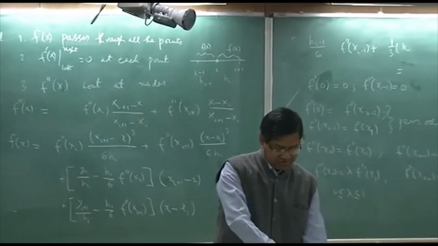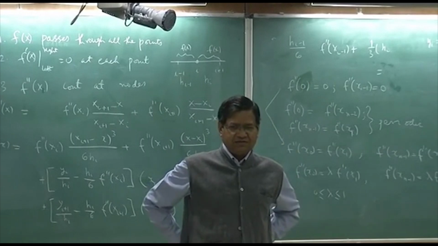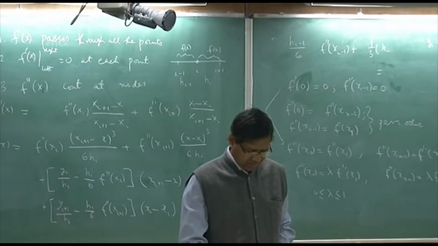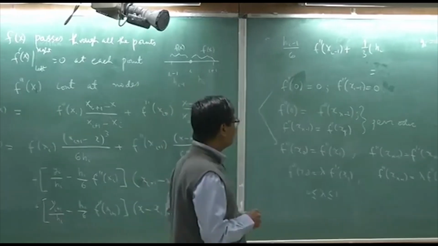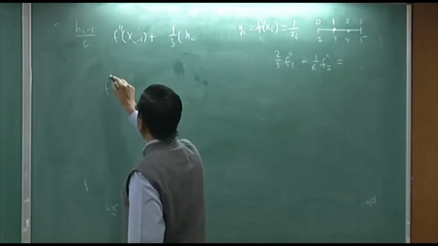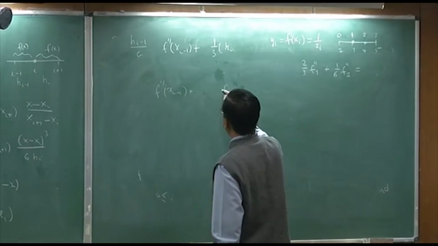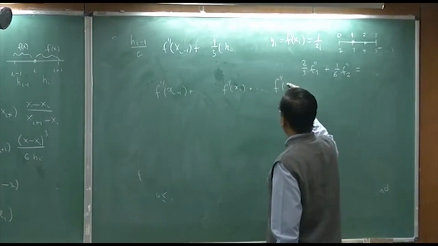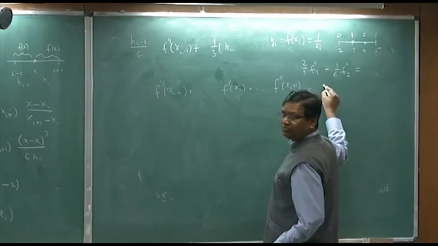Okay, now let's use Python's spline function. But before going to Python spline, I have 10 minutes, so I just want to make a remark. Let's look again at this part. It had f double prime x_{i-1} plus f double prime x_i equal to the right hand side, which was given to you.